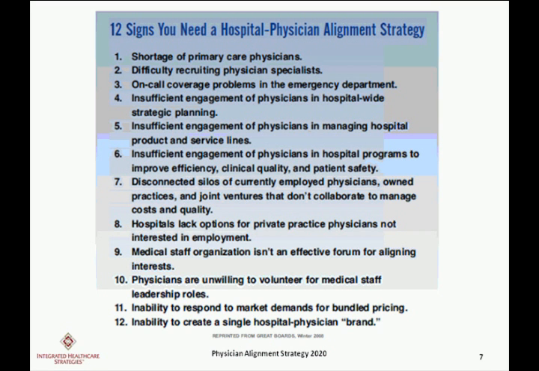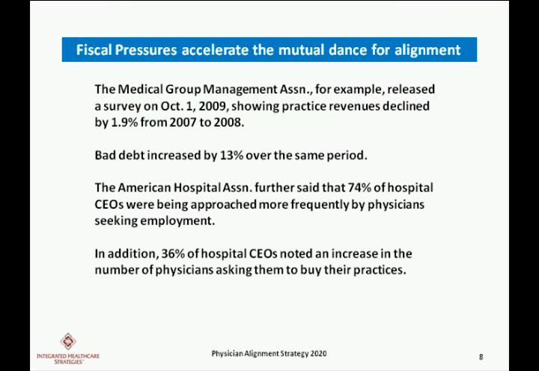But also, it's increasingly difficult to get full engagement of the best and brightest physicians sometimes. And so you'll be hearing later in this webinar that physician alignment must involve several subcomponents, one of which is a reconsideration of how best to redesign the medical staff as we move through our joint planning activities for alignment.